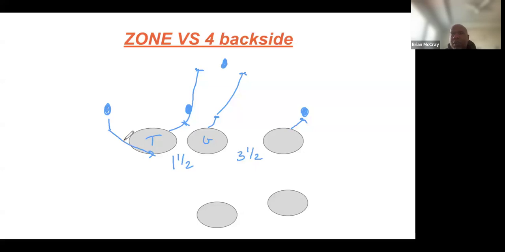So by manipulating your line splits, you really put yourself in a good situation. Same thing if he blitzes: this linebacker blitzes, this all becomes a down block anyways, and you have an opportunity to make something happen with the running back as well.